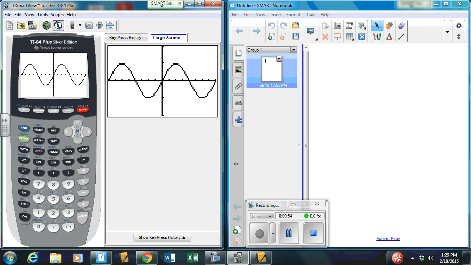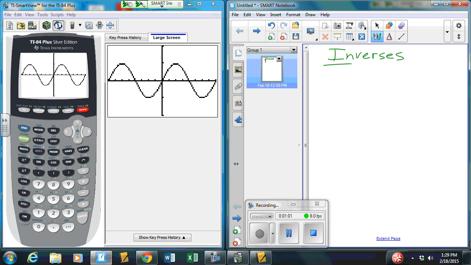I want to talk generally about inverses. At the very first of the year, I think it was our first module, we talked about inverses. And I want you to see what you guys remember about inverses. What are some of the characteristics of inverses? The x and y coordinates switch.